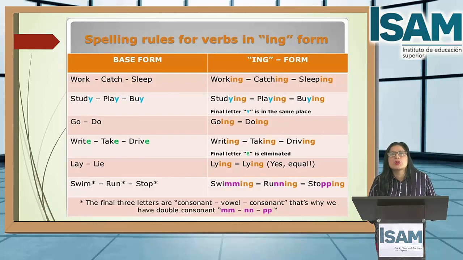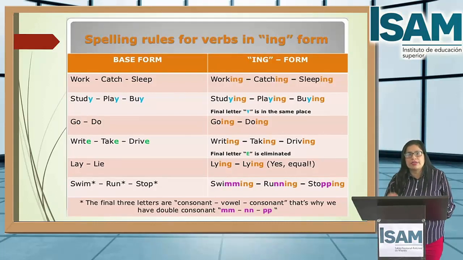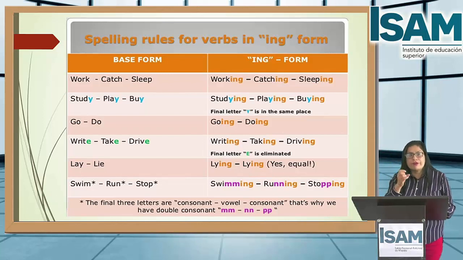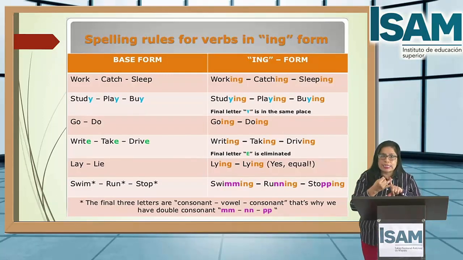Swim. What happened with swim, run, and stop? Student, when the final three letters are consonant, vowel, consonant, that's why we have a double consonant. Consonant, vowel, consonant, a lo que yo me refiero. For example, swim, run, stop.